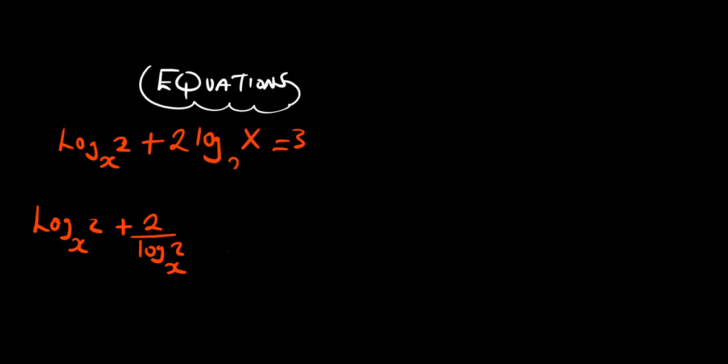Okay, so to solve this equation, I can let y is equal to log 2 base x, because I've got log 2 base x and log 2 base x here, so I can replace that by y. So what am I going to have?